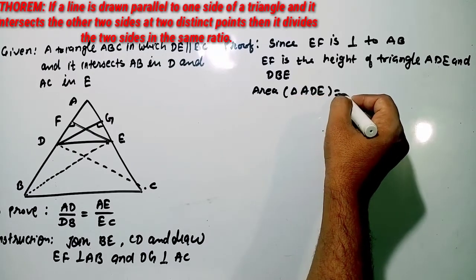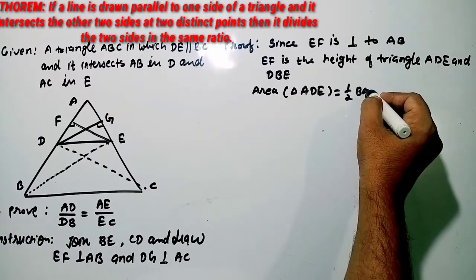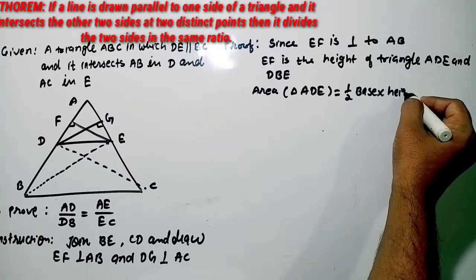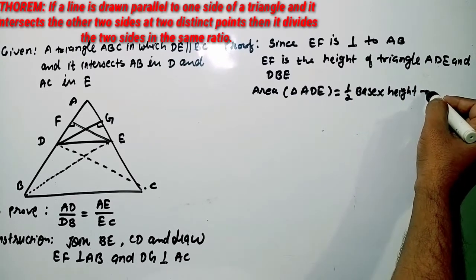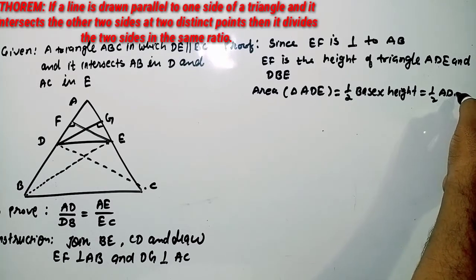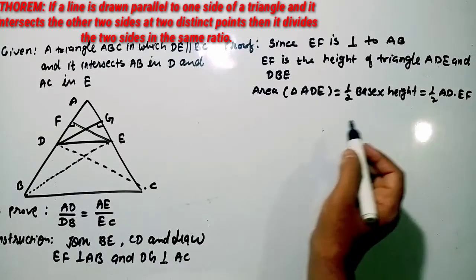So area of ADE is equal to 1 by 2 base into height. So what is base over here? Base is AD and height is EF.